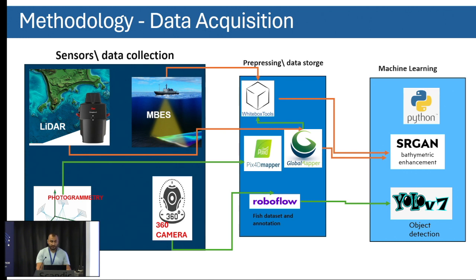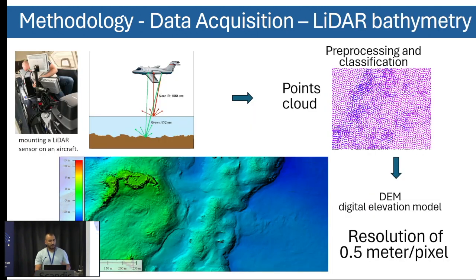Data acquisition. We combine data from airborne LiDAR scans, underwater videos, archived multi-beam echo sounders, and high-resolution 3D modeling from photogrammetry. Start with the LiDAR bathymetry. We use a LiDAR sensor mounted on aircraft to capture high-resolution bathymetry data.